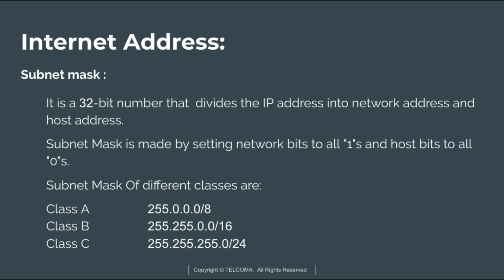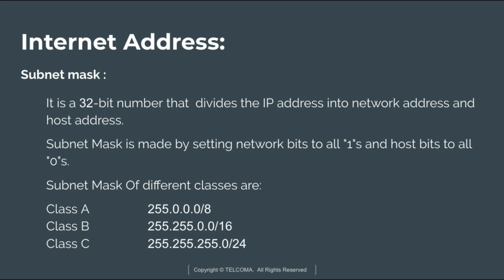Next is the subnet mask. Here the subnet mask is a 32-bit number that divides the IP address into the network address and the host address. It is used to determine to which subnet an IP address belongs. The subnet mask is made by setting the network bits to all ones and the host bits to all zeros.